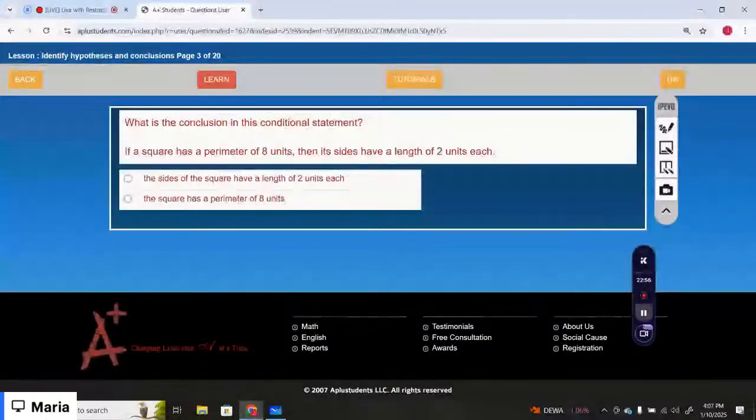What is the conclusion in this conditional statement? If a square has a perimeter of 8 units, then its sides have a length of 2 units each. So, which is the correct option?